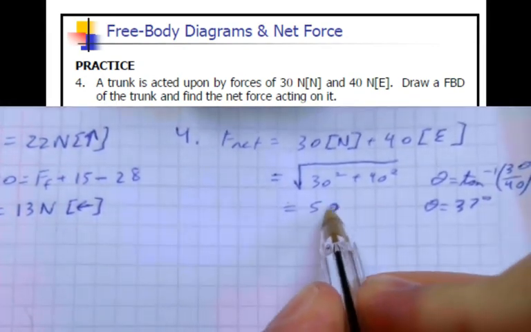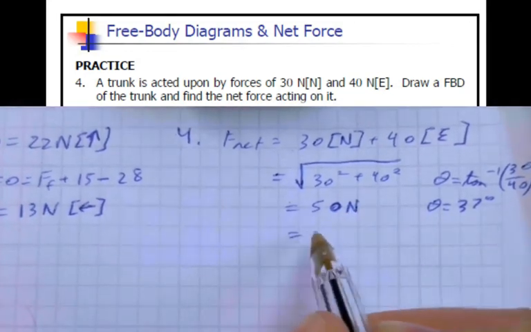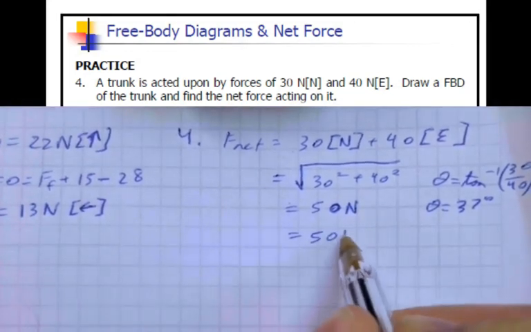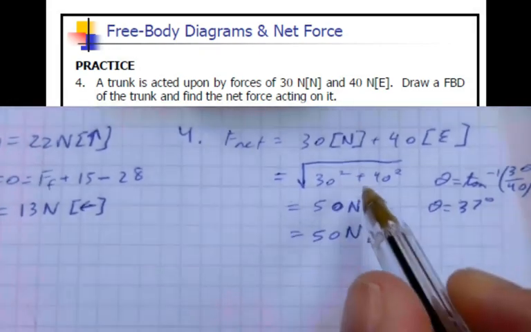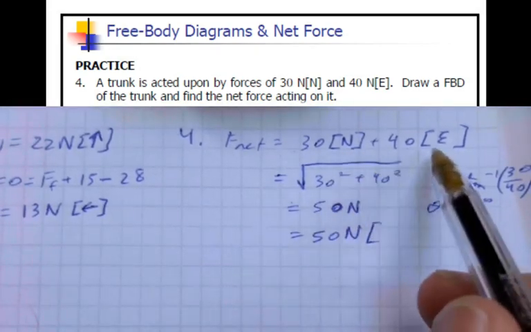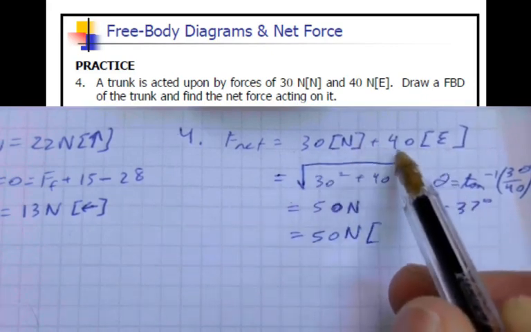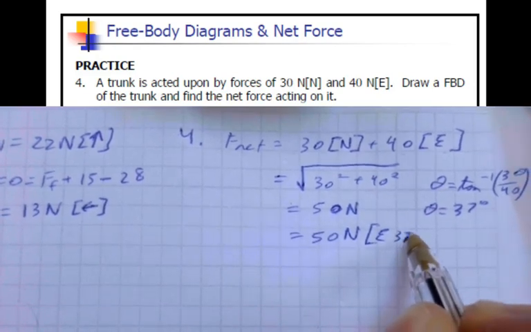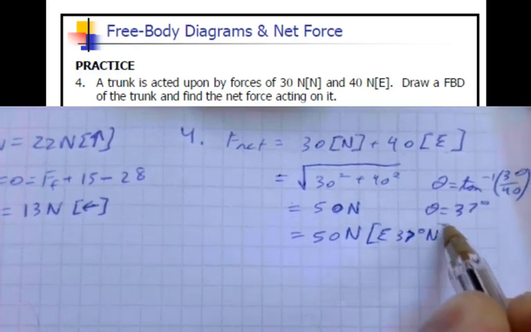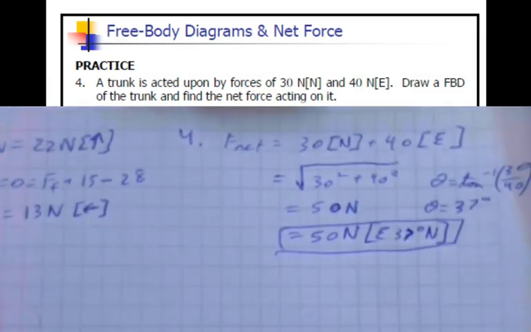I'm just going to write this on a separate line: 50 newtons, and I need to write the direction. This goes towards the greater of these directions, so 40 is greater than 30, so it's going towards the east first. 37 degrees north. So east 37 degrees north is our solution for that one.